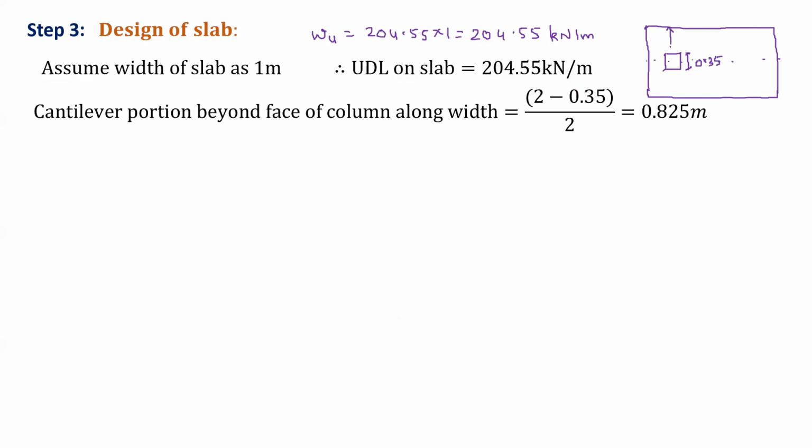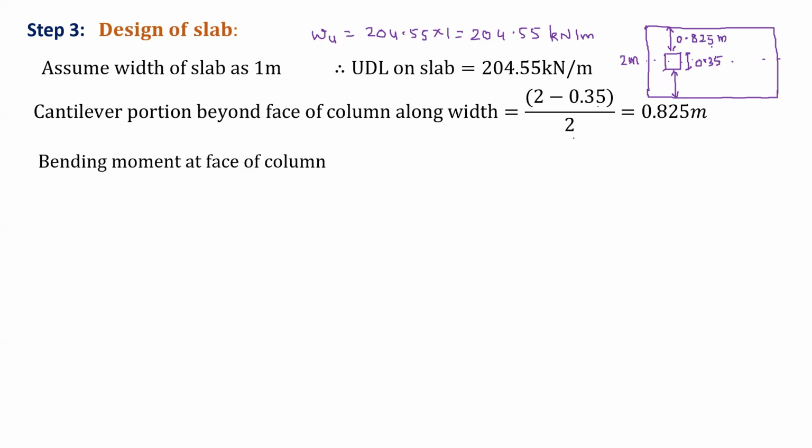So with this distance, we have a total value of 2 meters. Now 2 minus 0.35 divided by 2, because we have the same value on both sides. And then we get 0.825 meters.